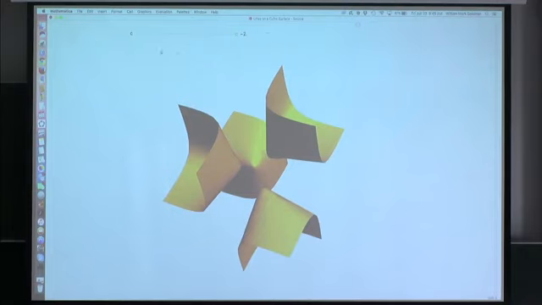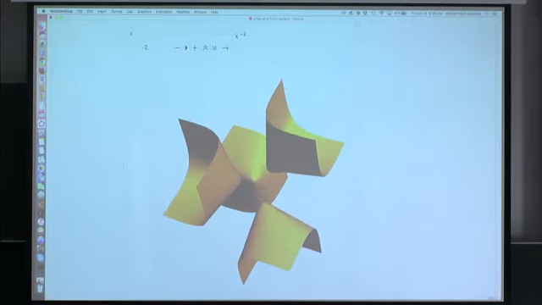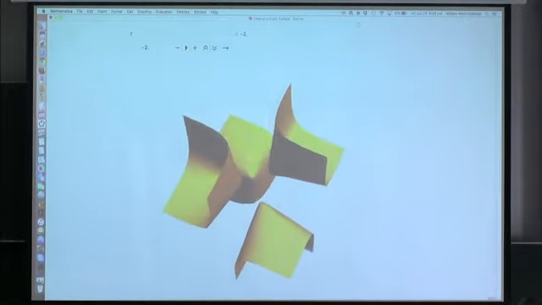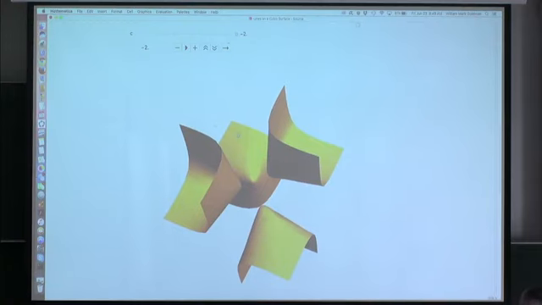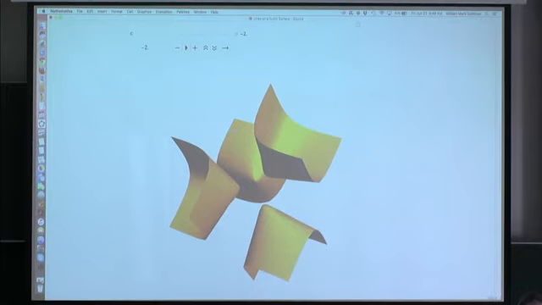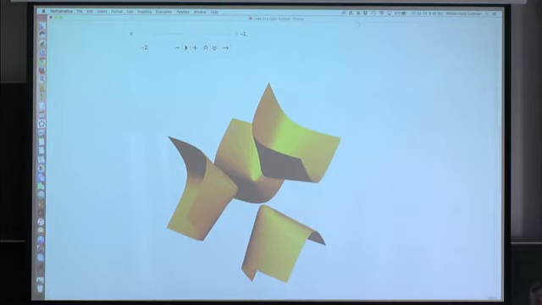C is the commutator trace, and in this picture it's around -2. The highest order term is xyz. So out near infinity, this looks like xyz equals 0, which is the union of the three coordinate planes. So you're always going to see four ends.